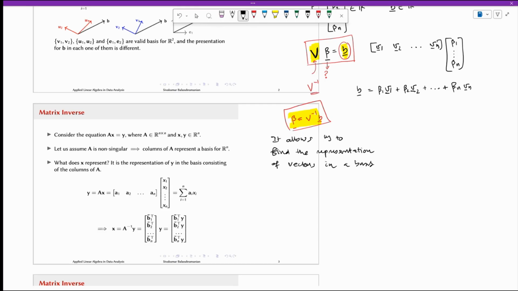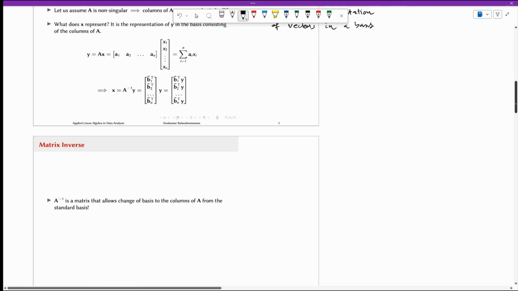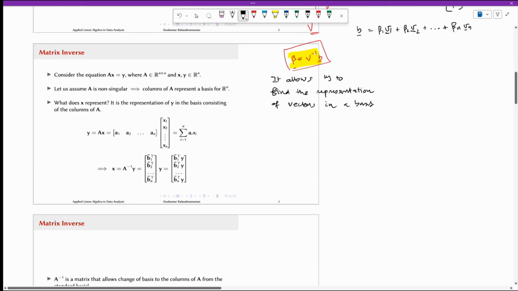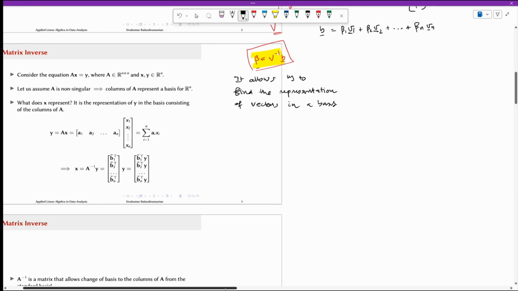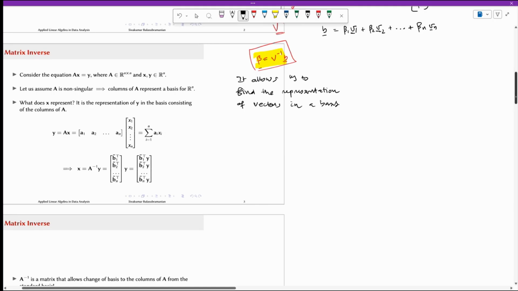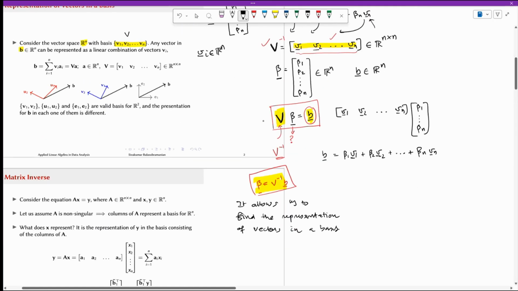Which basis depends on what the columns of the original matrix are. So the representation is given by V inverse.